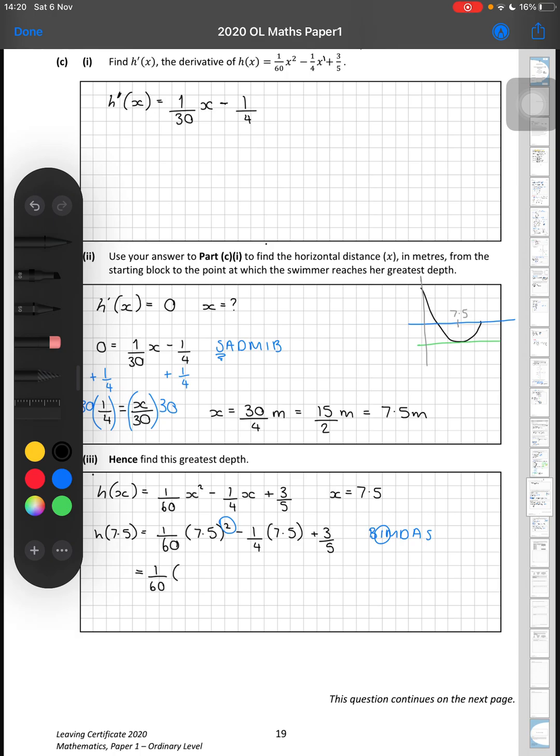The first thing, well, I can't simplify inside my brackets at all, but I do have an indice here, so I'm going to do that. I'm going to square my 7.5, and fill in here: 1 over 60 times 56.25 minus a quarter by my 7.5 plus 3 over 5.